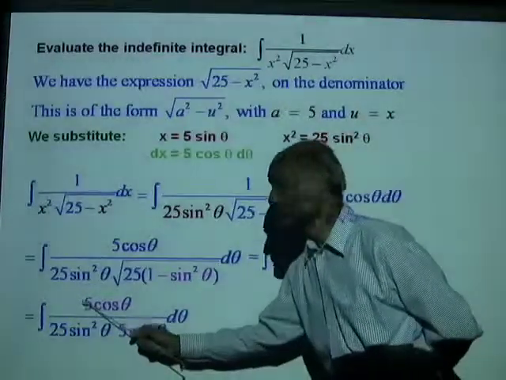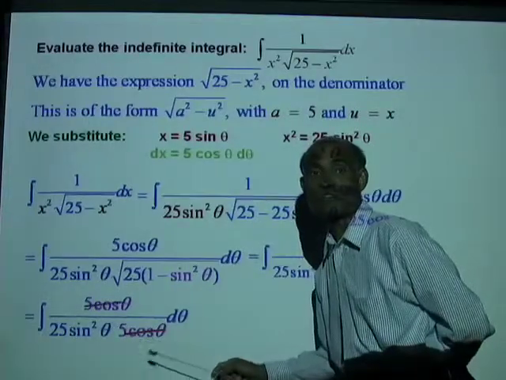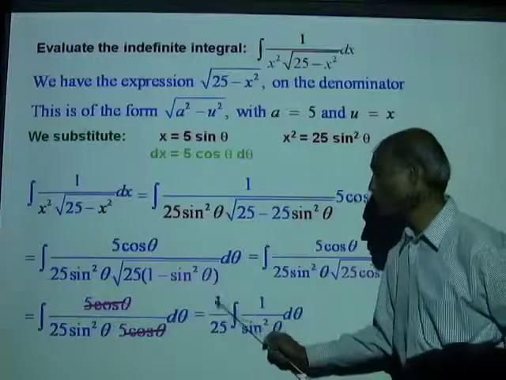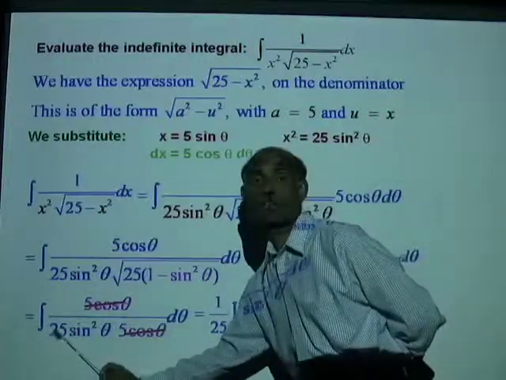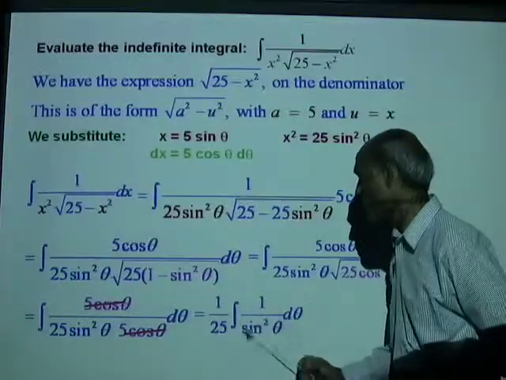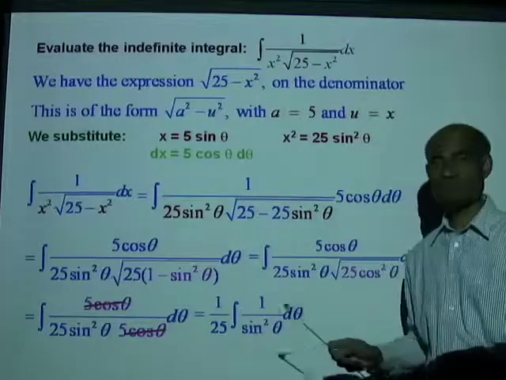If you notice, the 5 cos theta and the 5 cos theta cancel. What do we have? We have the integral of 1 over 25, we take that 25 outside, times 1 over sine squared theta d theta.